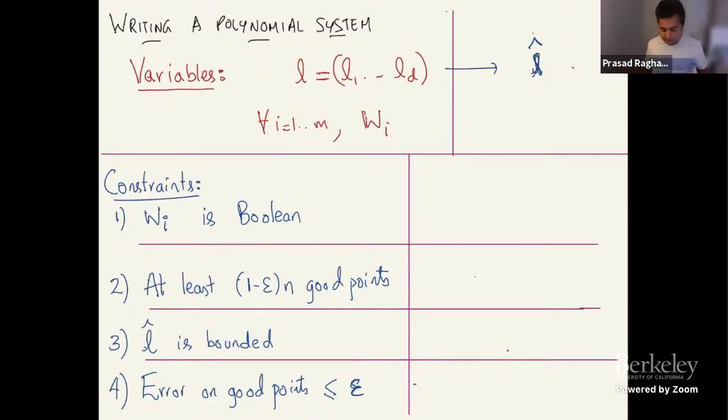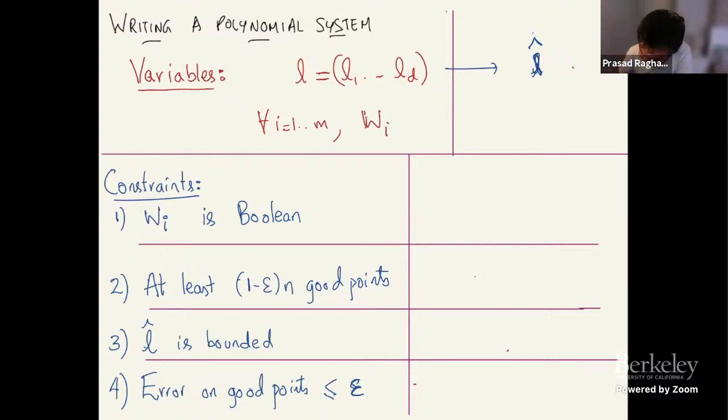The key distinction between this robust problem and the usual linear regression is that for every example, I don't know if it is a good point or a bad point. If I knew which points were good, it would be a much easier problem. So really, we need a variable that tells us if a point is a good point or a bad point.